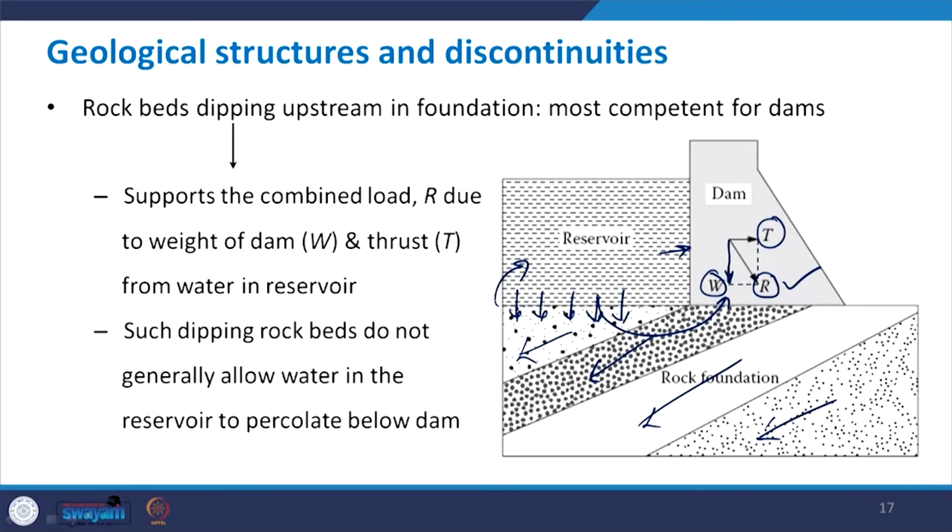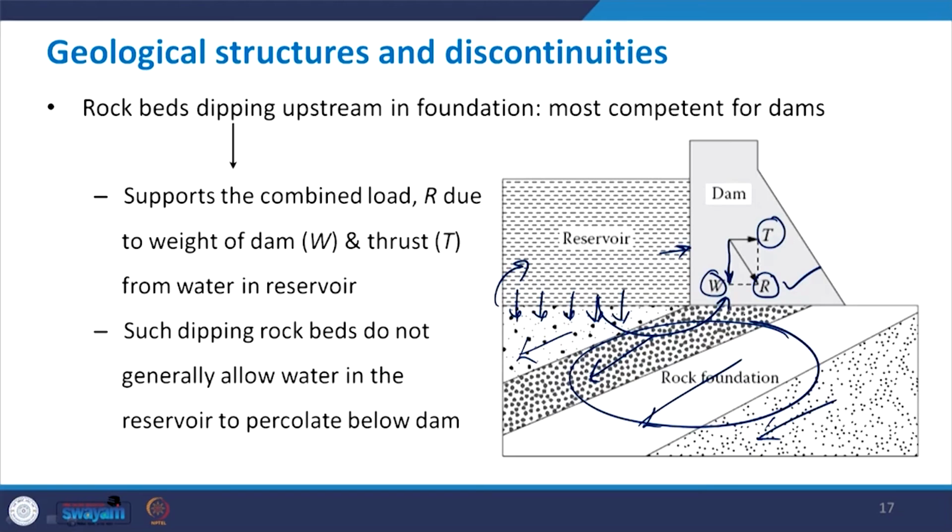Thus, the reservoir will not lose much water due to seepage through the dam foundation. At the same time, the foundation, that is this part, will remain watertight and the dam is not subjected to any appreciable amount of uplift pressure.